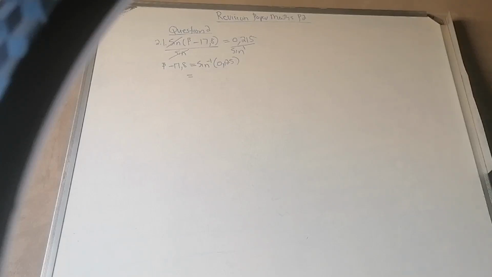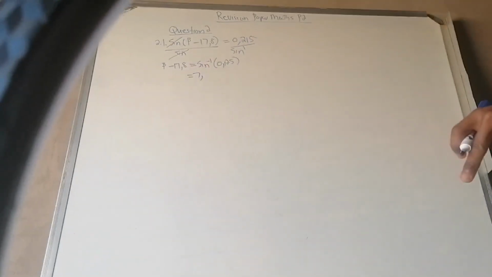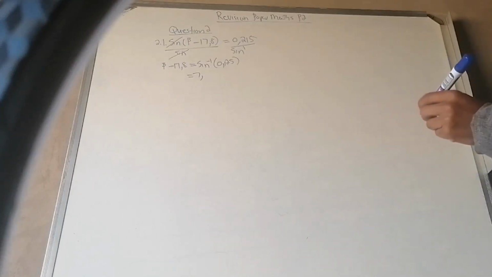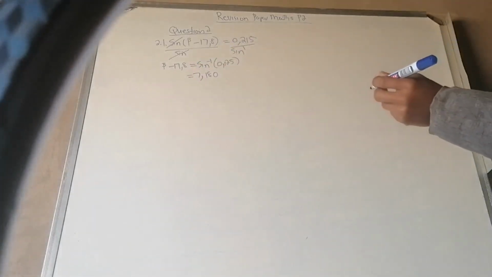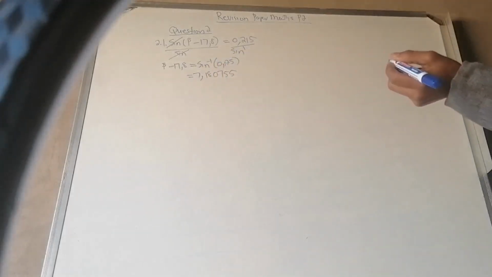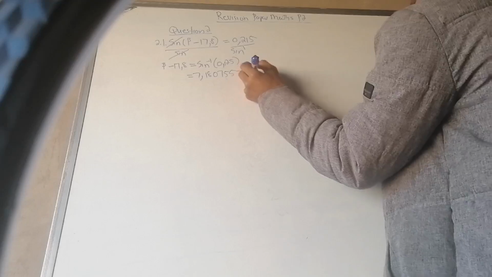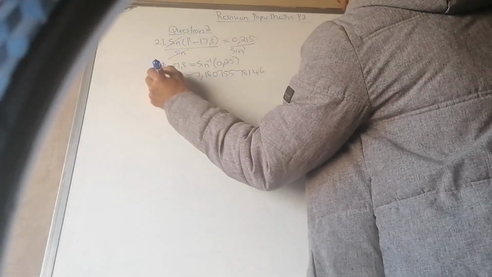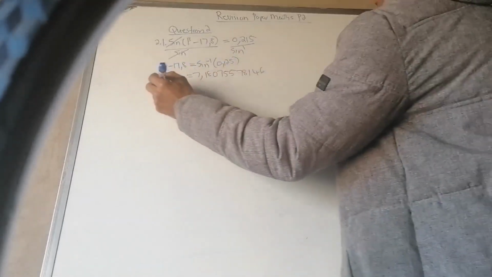What value do you find? We say shift, and what is the sine? It is that negative 1. The value is 7.180755781146. Then beta minus 17.8, we take this value to this side.